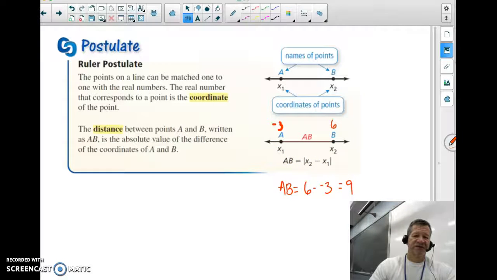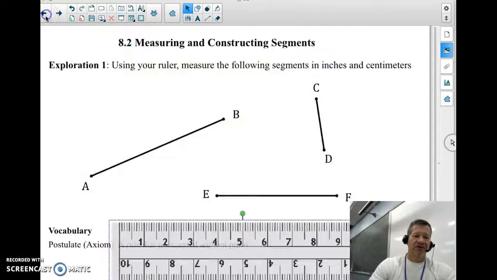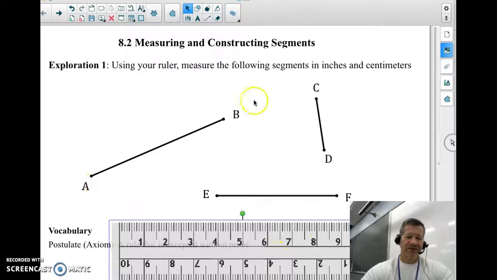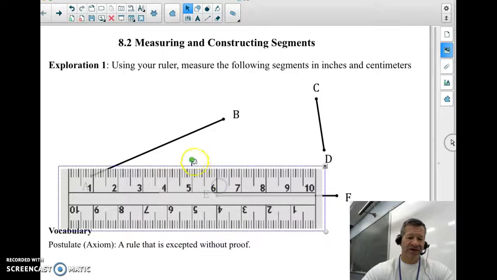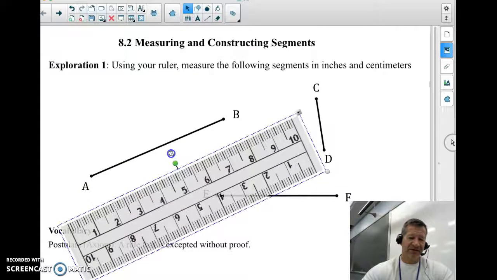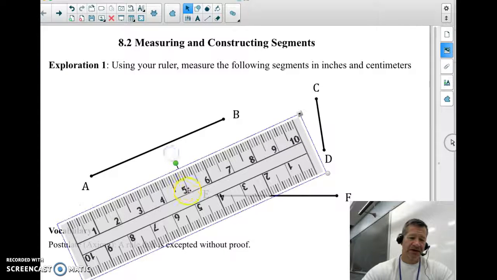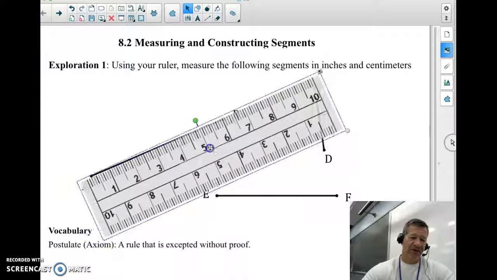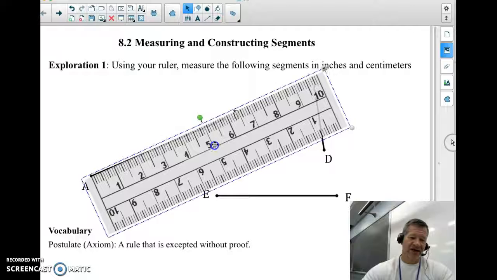Now, the reason this is important to us is because we are going to do some measuring here. You notice I've got this little ruler here. I want to measure the following segments in inches and centimeters. I've got a metric ruler first, so these are centimeters. I'm going to position this parallel to AB so that I can measure it. I don't have to necessarily go on the end, although I can.